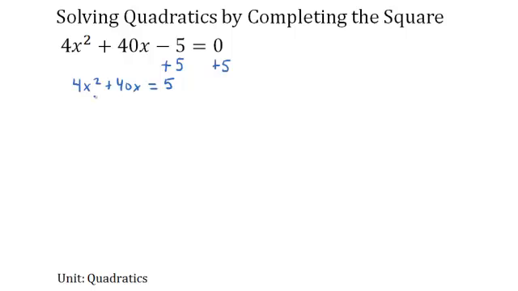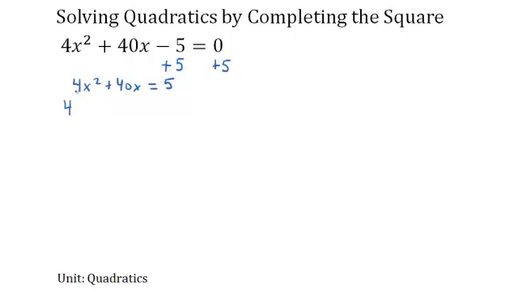Now, this is where we'd normally work on completing the square. I usually call it the fill in the blank step. But before we can get to that, we have to deal with this lead coefficient of 4. What we're going to do is factor it out of this binomial over here.